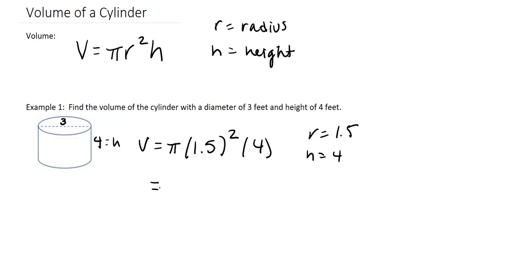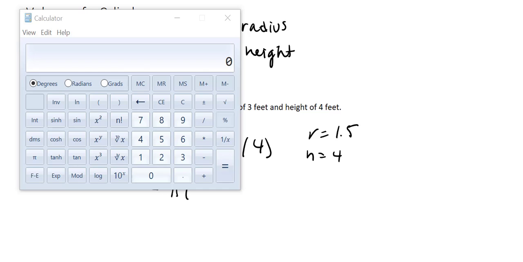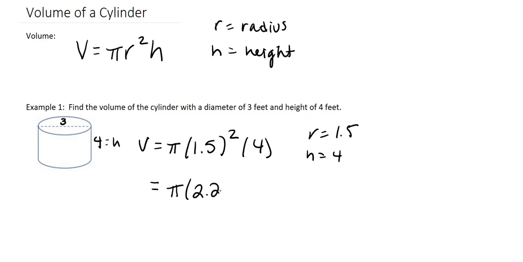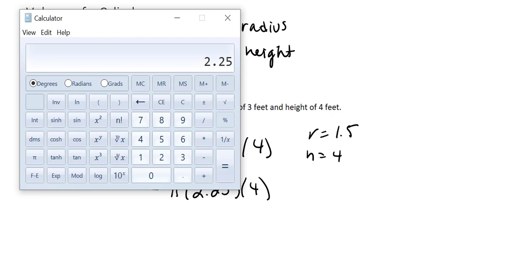Now let's go ahead and go 1.5 squared. So 1.5 squared, or if we just go times 1.5, which is the same thing, it's 2.25. Now I'm going to go times 4 times this pi button, and we're going to get 28.27.